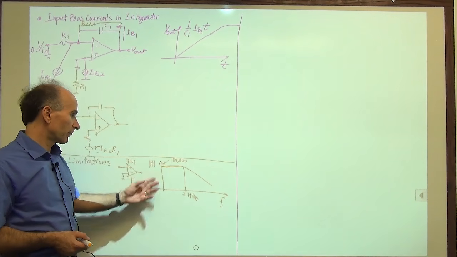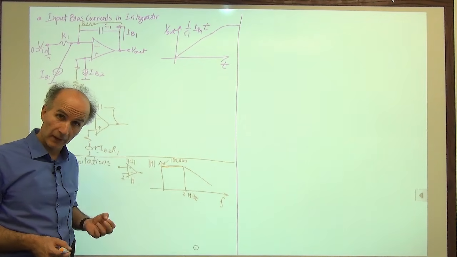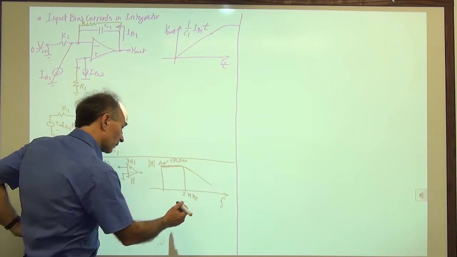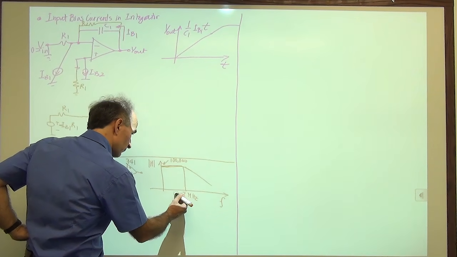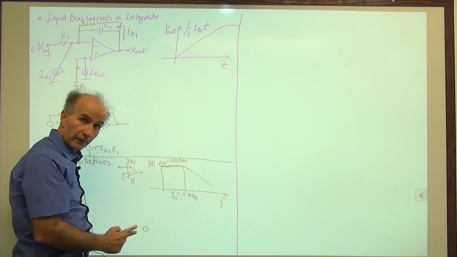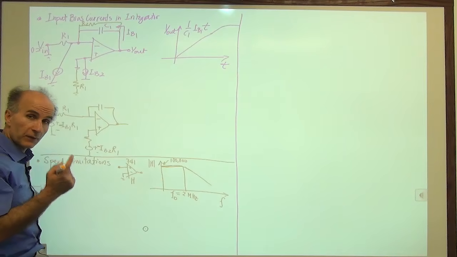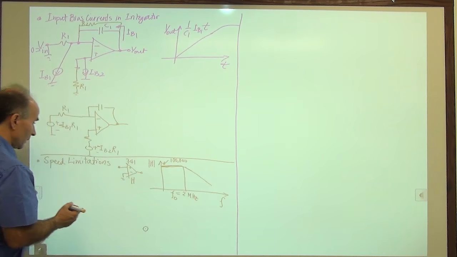And we might try to approximate this by a first-order system, just like a simple RC. We will call this F0. This is the 3 dB bandwidth of the op-amp. And if we want to make a first-order system from it, we will write it like this.